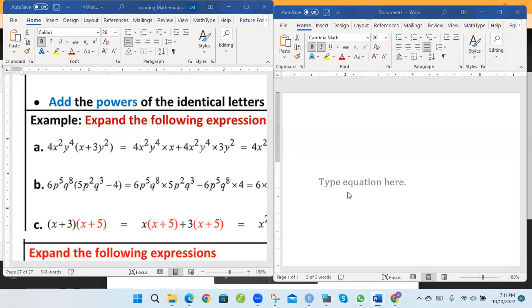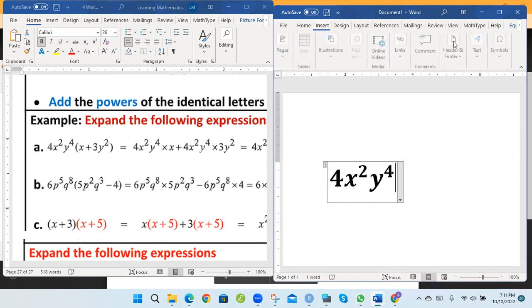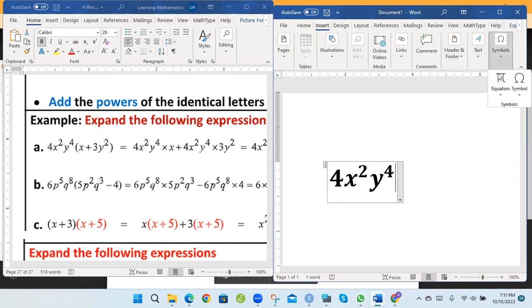So let's say you have 4x raised to the power of 2 times y raised to the power of 4. And this is outside a pair of brackets.